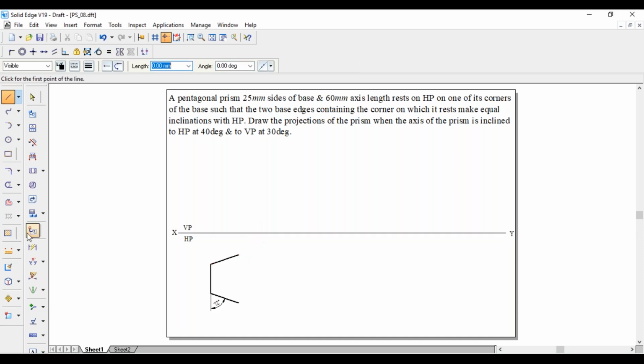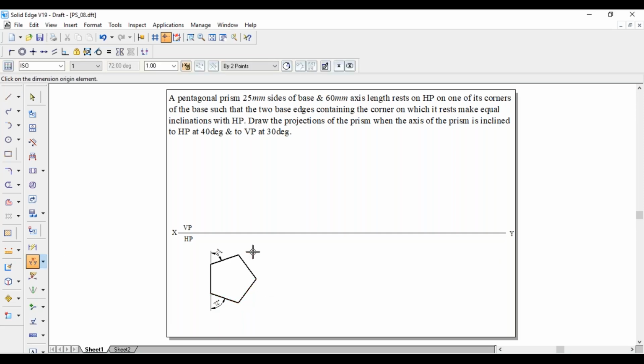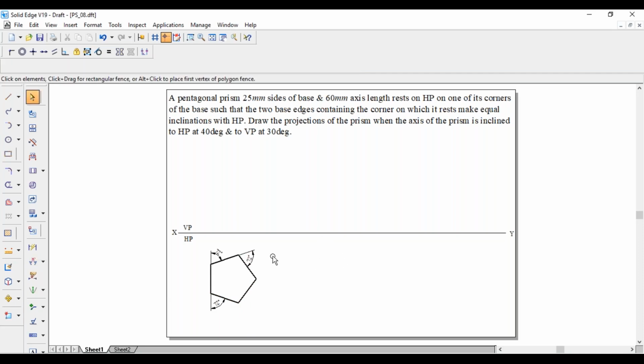So once again, this angle is 72 degree manually. With respect to this line, this angle is 72 degrees. So we have to maintain like this while drawing manually.